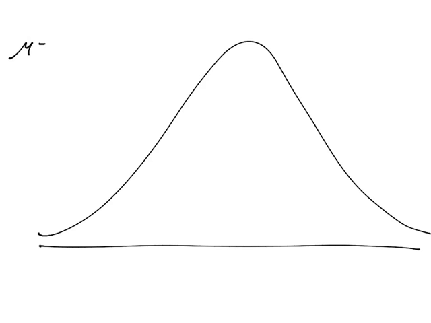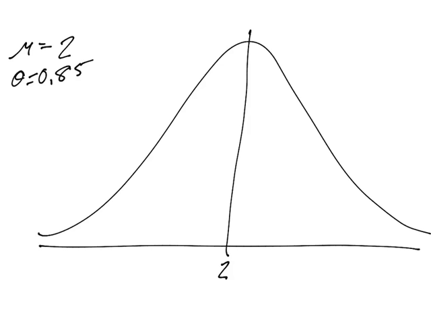And I know that my mean is 2, and my standard deviation is 0.85. So that means the mean is in the middle. That has a value of 2. Now, as I work my way to the right, I'm adding a standard deviation. So this is 2 plus 0.85, which is 2.85.